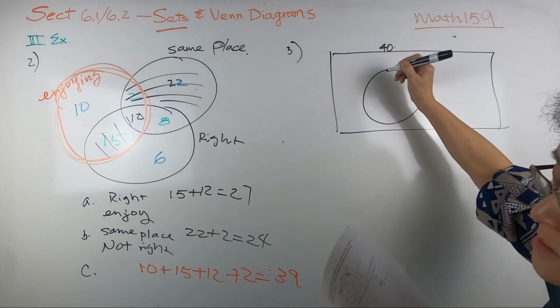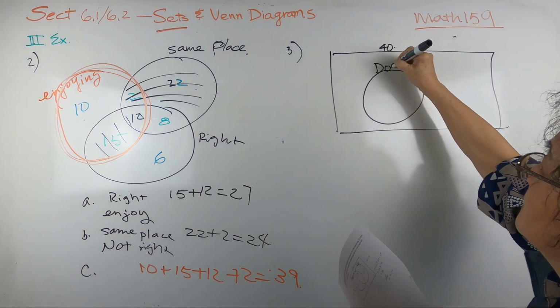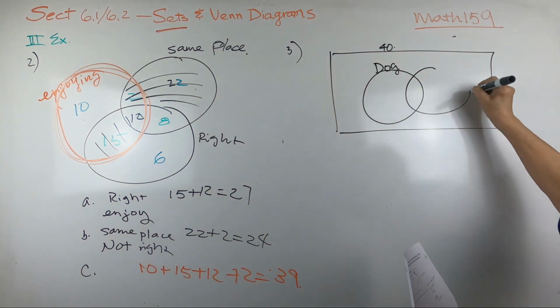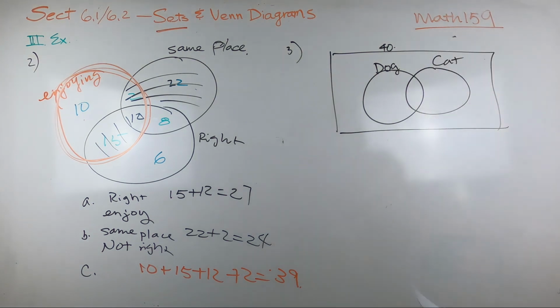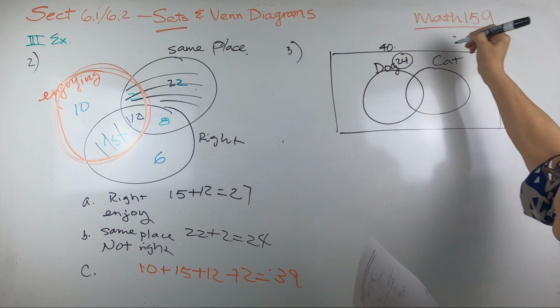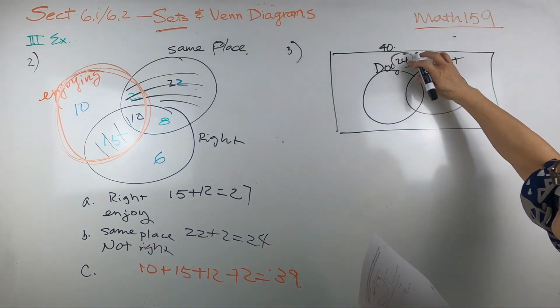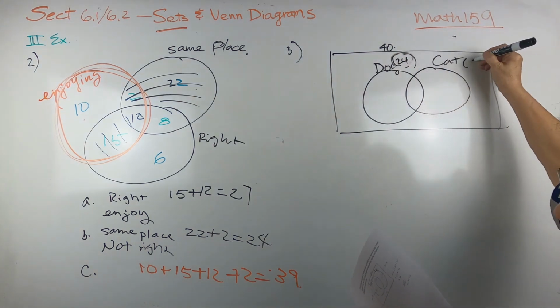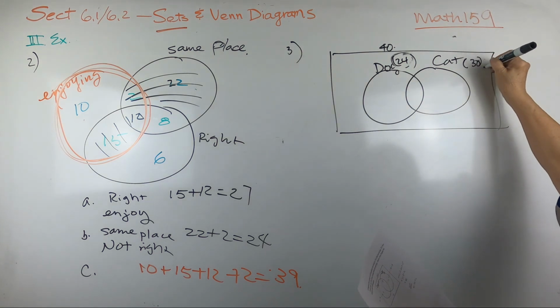Then some houses have dogs, some houses have cats, right? For dogs, total is 24. For cats, total is 30.